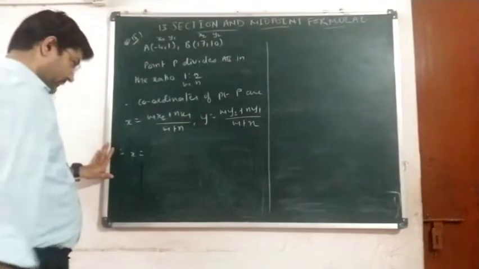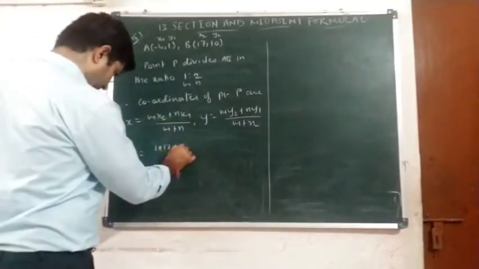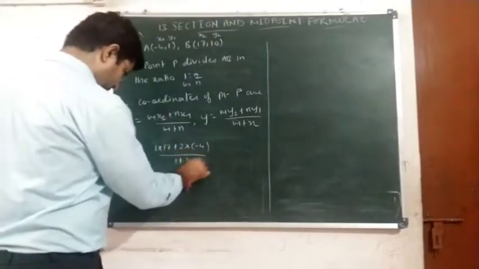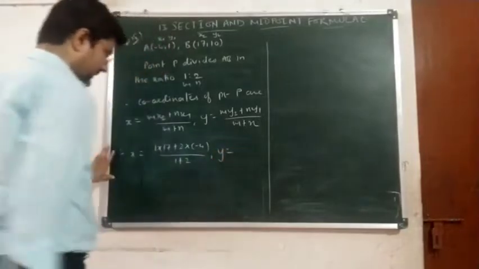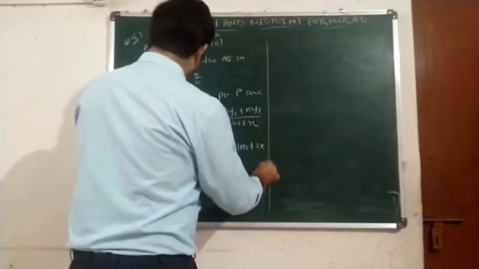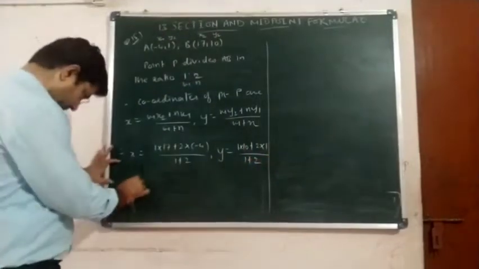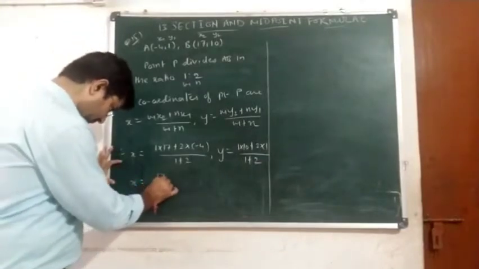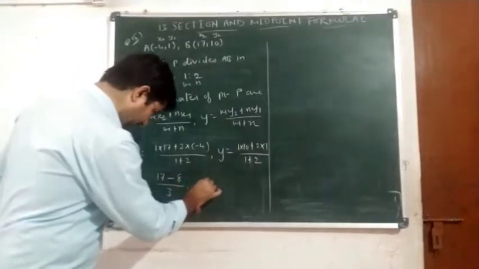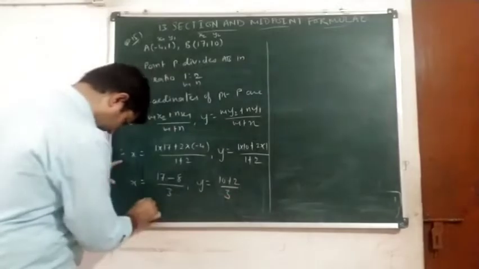Therefore, x is equal to (1 into 17 plus 2 into -4) upon (1 plus 2), and y is equal to (1 into 10 plus 2 into 1) upon (1 plus 2). Therefore, x is equal to (17 minus 8) upon 3, and y is equal to (10 plus 2) upon 3.